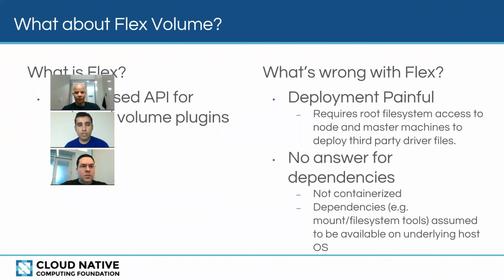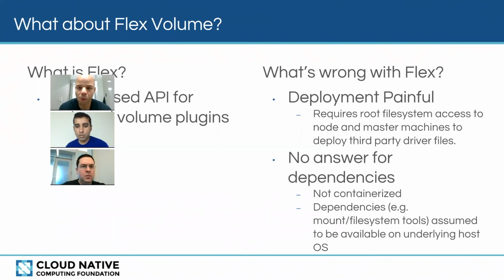This approach works, but it has some problems. One of the primary problems is that deployment is pretty painful. You actually have to have access to the root file system to be able to deploy new volume drivers. And it doesn't really answer the question about dependencies, right? If you're deploying an executable directly to a node machine, the binary may have dependencies that are not already on the host machine that you also have to install.